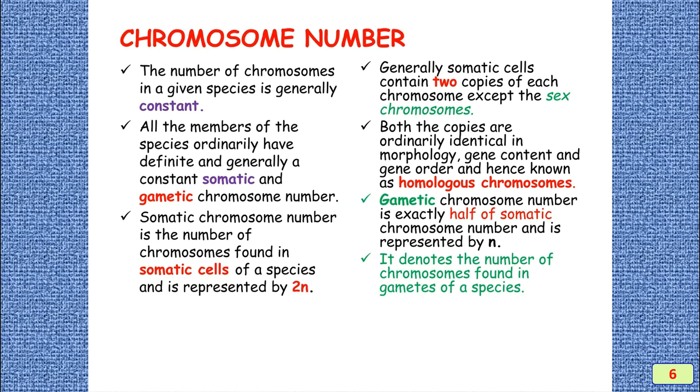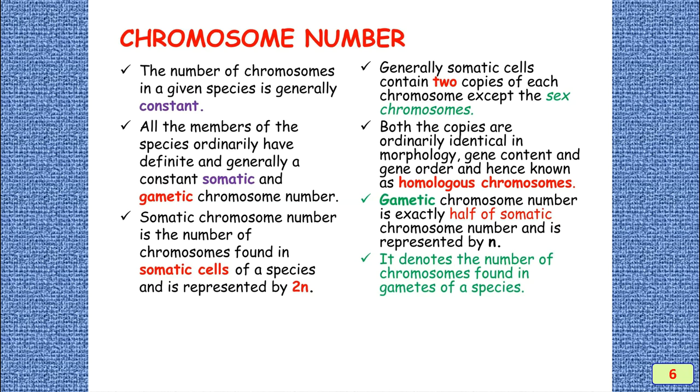All the members of the species ordinarily have a definite and generally constant somatic and gametic chromosome number. The somatic chromosome number is found in the somatic cells of the species and is represented by 2n, or diploid.